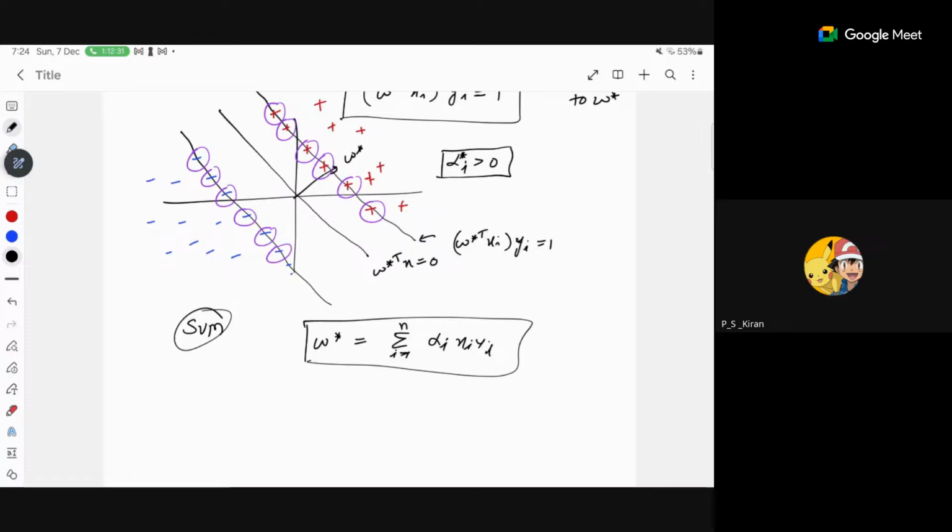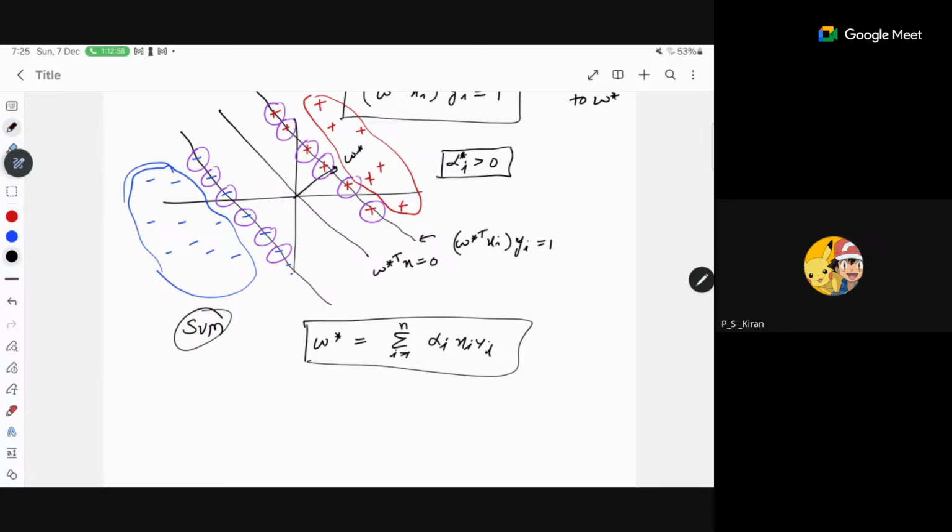So not all the data points which are on the supporting hyperplane should be support vectors. But right now, whatever we have observed is that the data points which are on the supporting hyperplane are the only points which are important to us. The remaining points, we don't have to care about them.